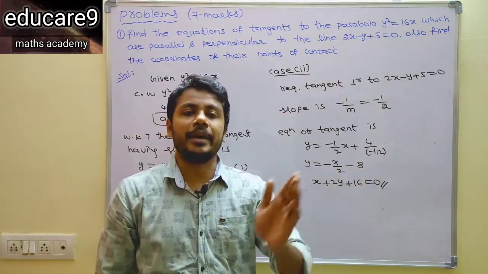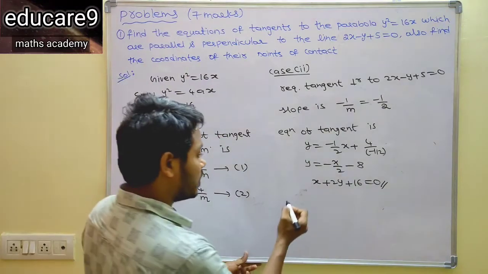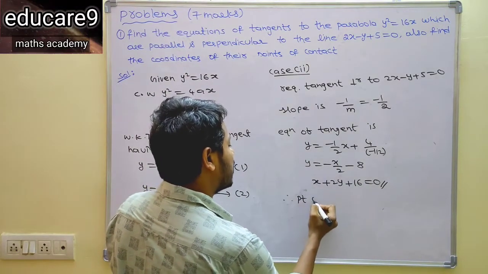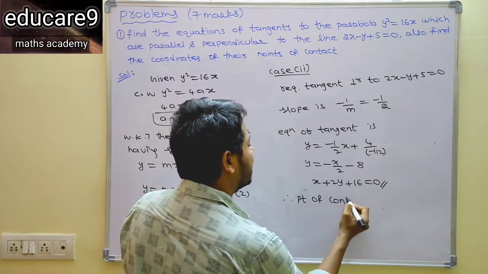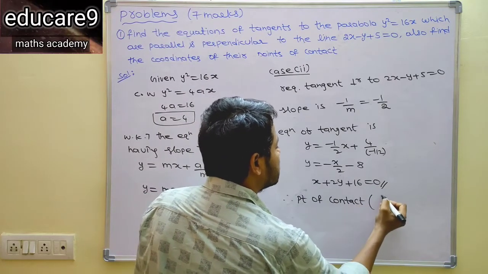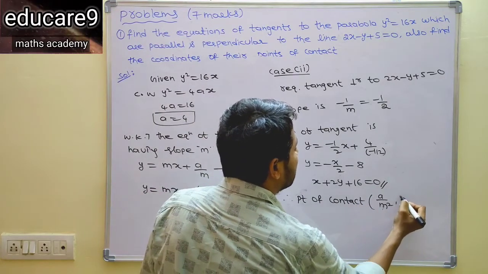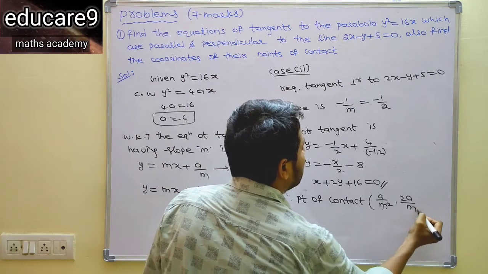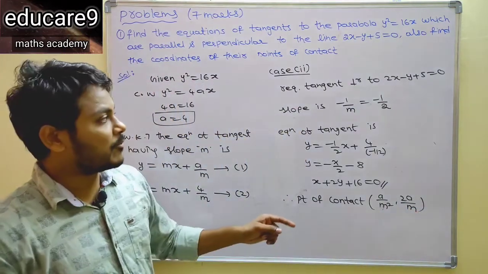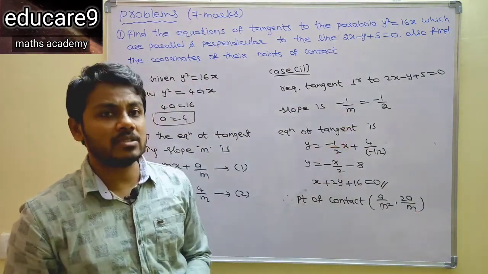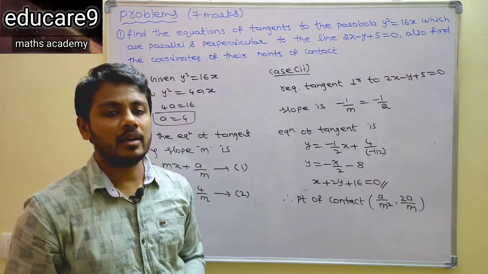Now you need to find the point of contact. Therefore, the point of contact, same formula, is a by m square comma 2a by m. What is the m value? Minus 1 by 2. This is the slope of the tangent.